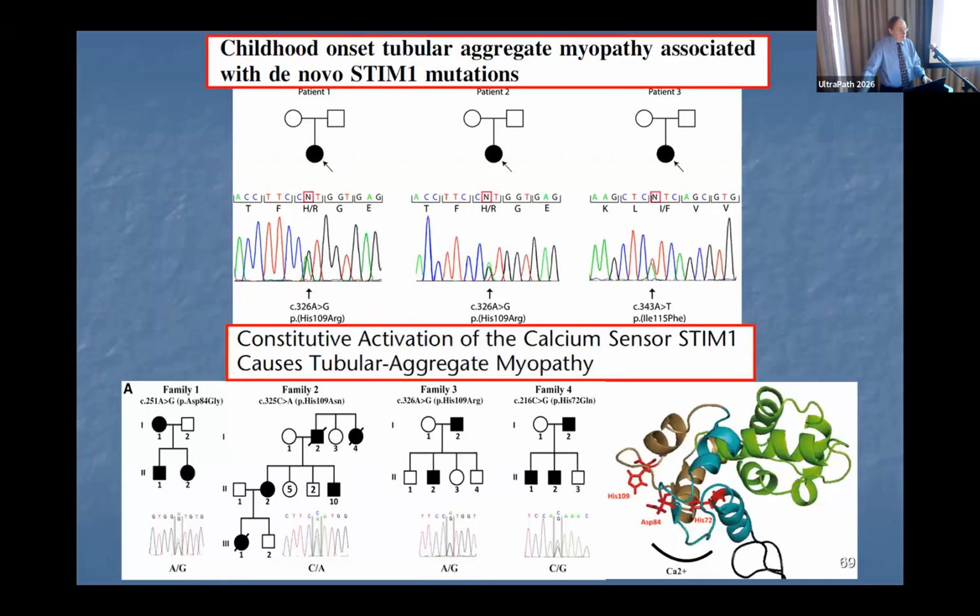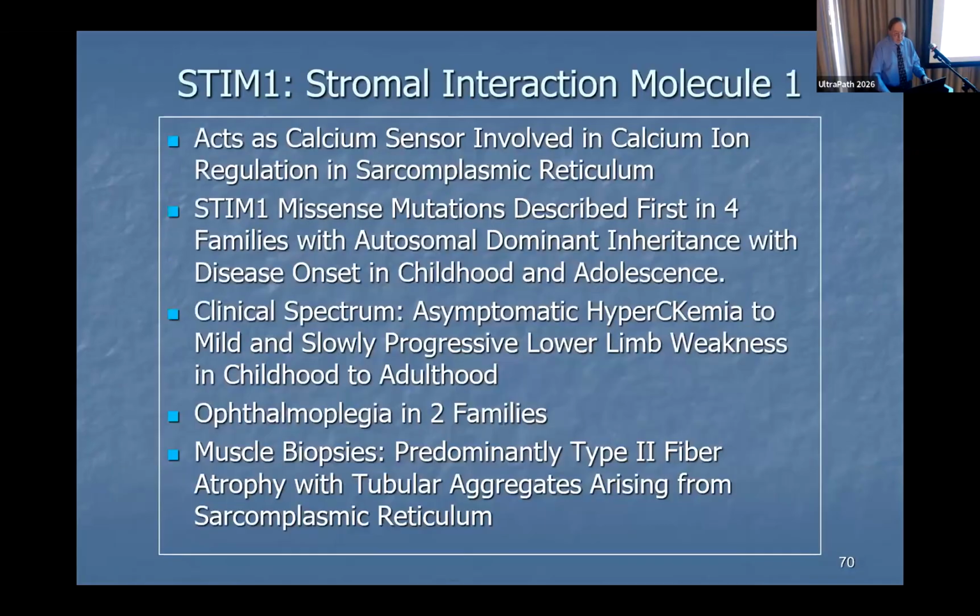So there are certain genes that are associated with this. There's a STIM1 mutation that's associated with childhood onset tubular aggregate myopathy. STIM1 acts as a calcium sensor involved in calcium ion regulation in the SR. These mutations were first described in 4 families with autosomal dominant inheritance, and all of these occurred in the pediatric age group, which we deal with.